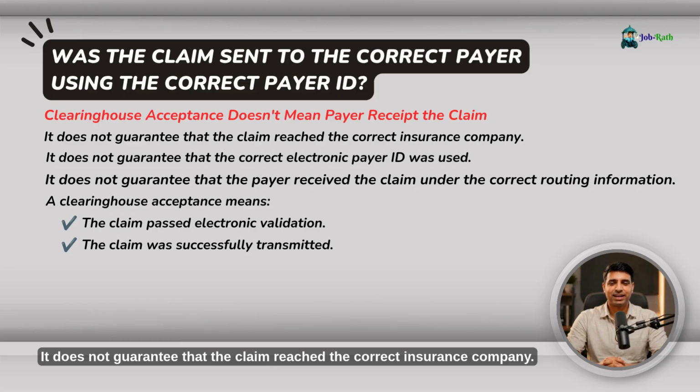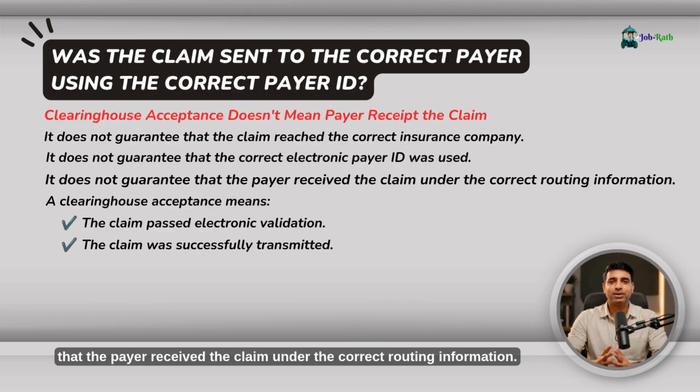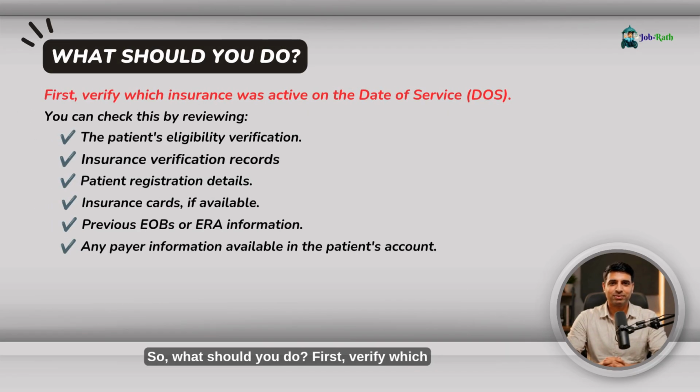It does not guarantee that the claim reached the correct insurance company. It does not guarantee that the correct electronic payer ID was used, and it does not guarantee that the payer received the claim under the correct routing information. So, what should you do? First, verify which insurance was active on the date of service or DOS.